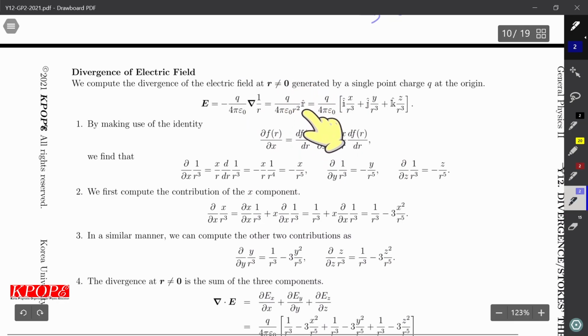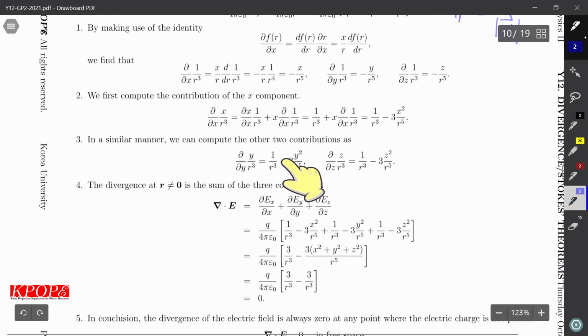And the unit radial vector can be expressed as x vector divided by magnitude. And this is this.